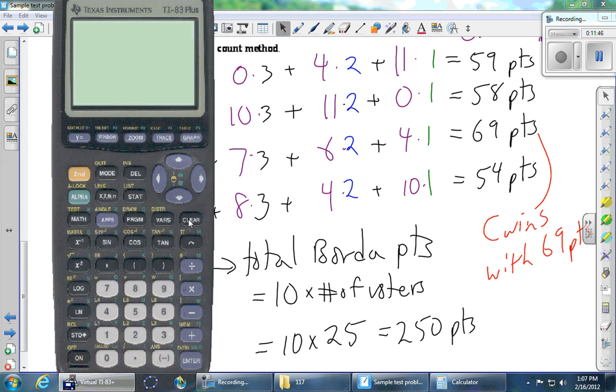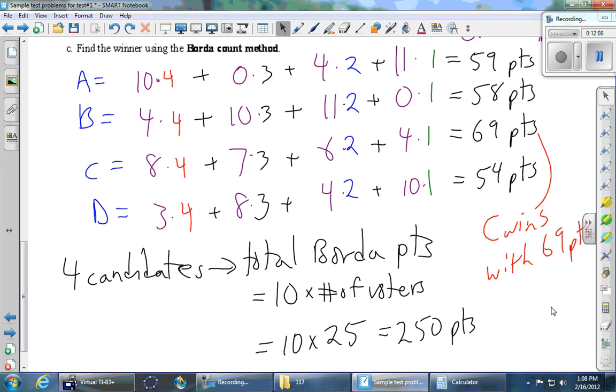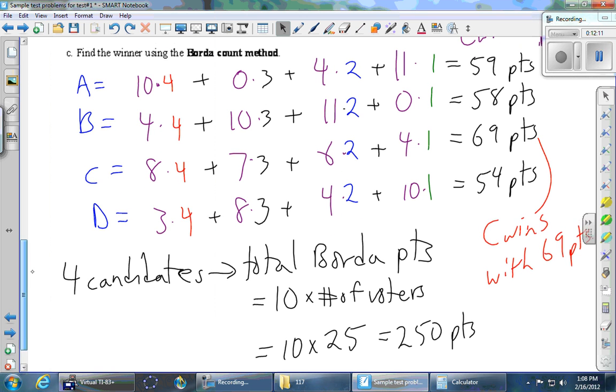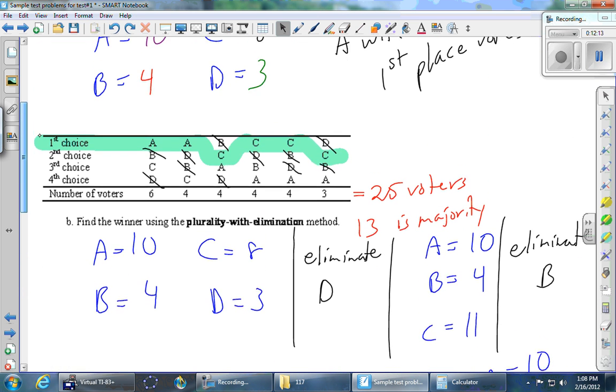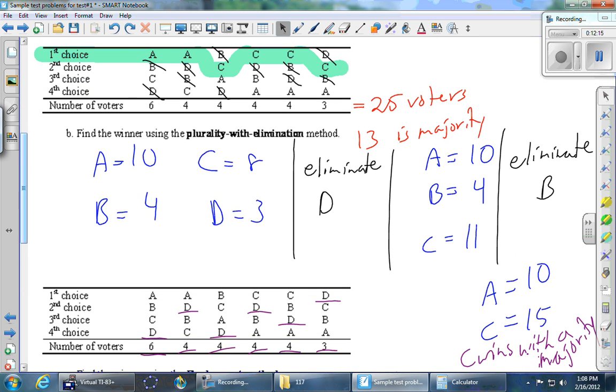So if we add up all the points, 59 for A, plus B had 58, plus C had 69, plus D had 54, fingers are crossed here that we get 250. 240. Did I make a mistake when I said there were 25 voters? No, I think that looks okay.